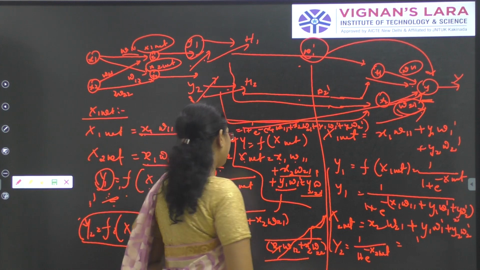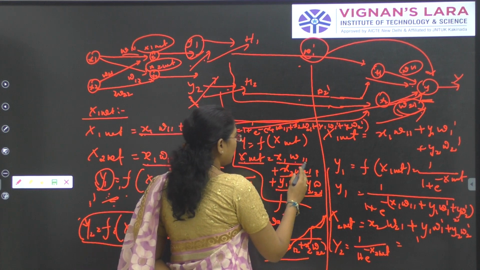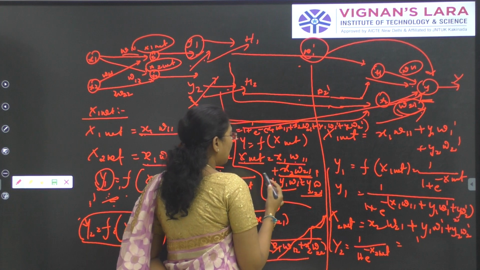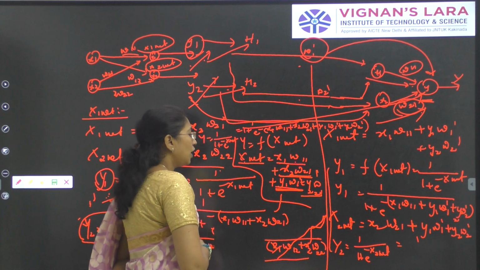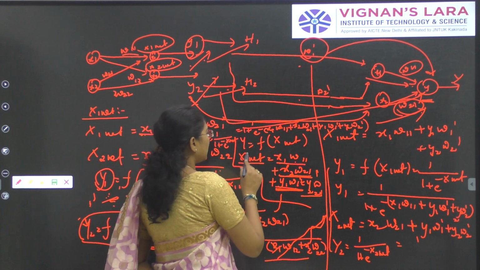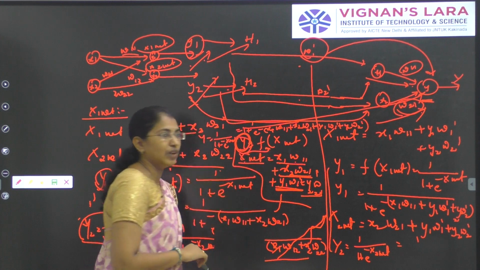Now, what is your x net? x1 W11 plus x2 W21 plus y1 W1 dash plus y2 W2 dash. Now, this x net is passed through the function which generates an output of y.